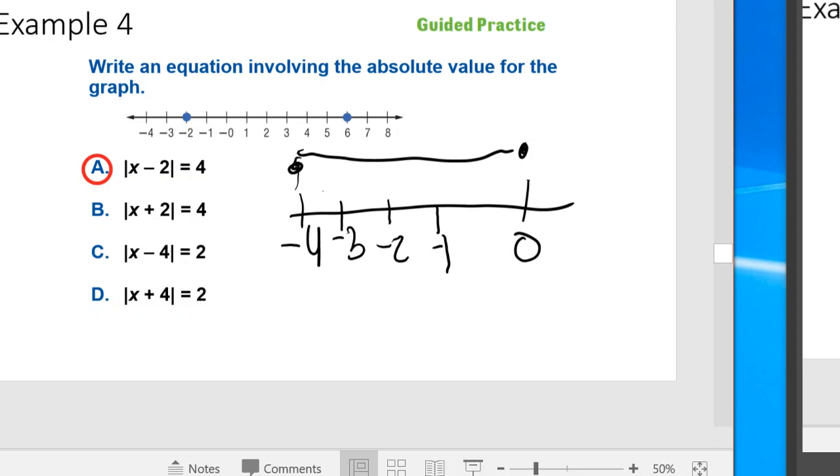Okay, I'm going to ask you guys to solve that problem, and then show me your answer when you get it. Remember, you should have x minus average equals distance.